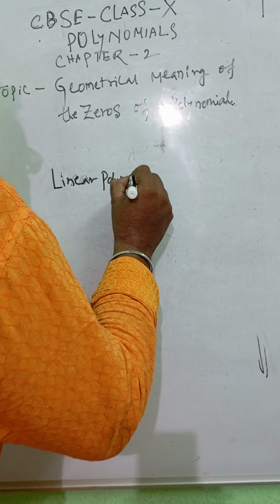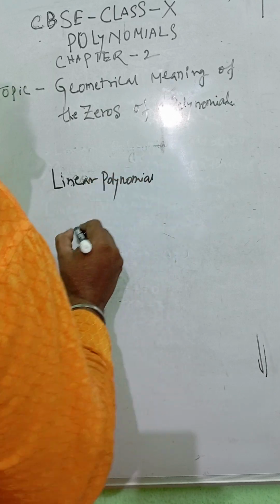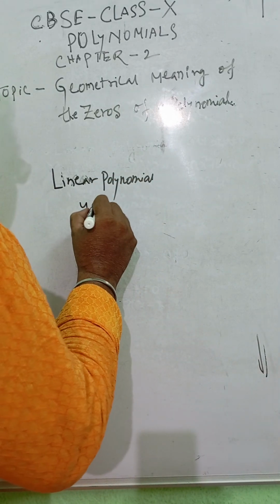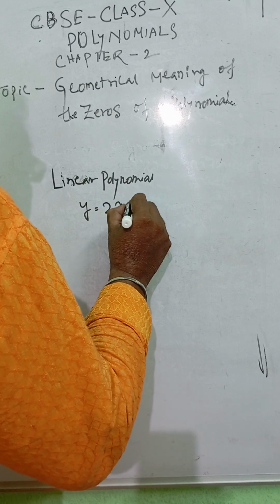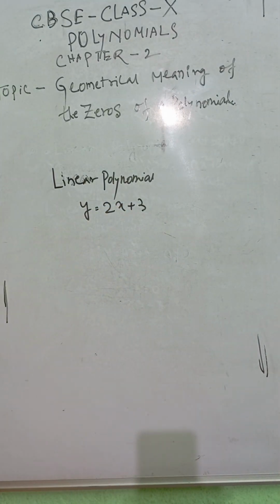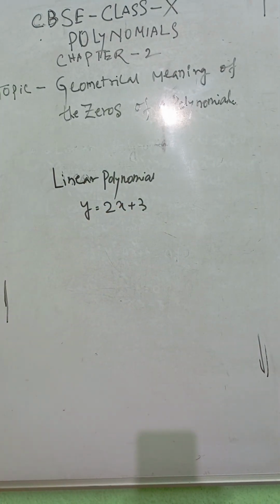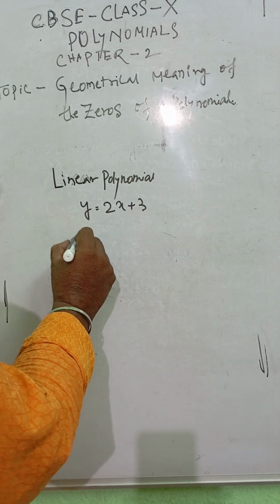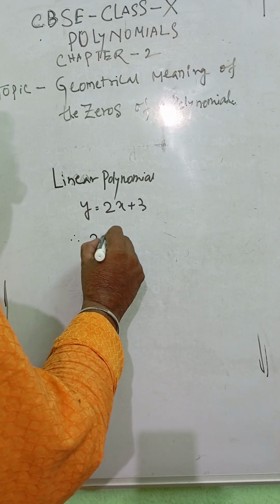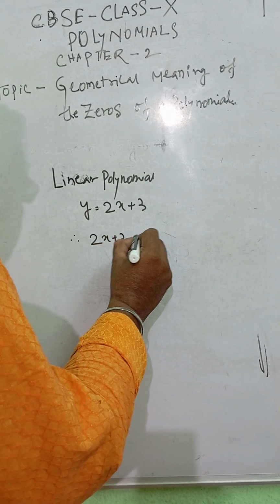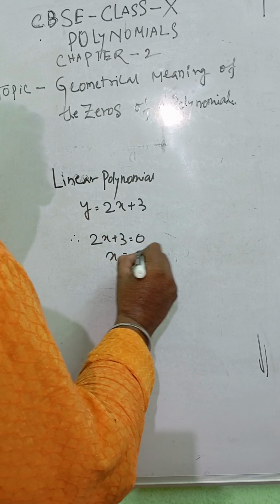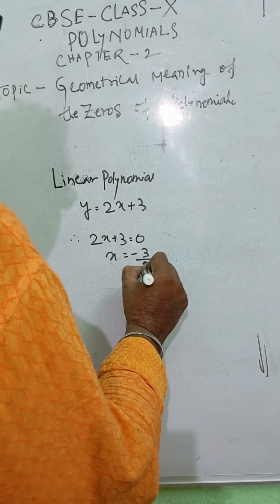Let's say y is equal to 2x plus 3. Therefore 2x plus 3 is equal to 0, x is equal to minus 3 by 2.